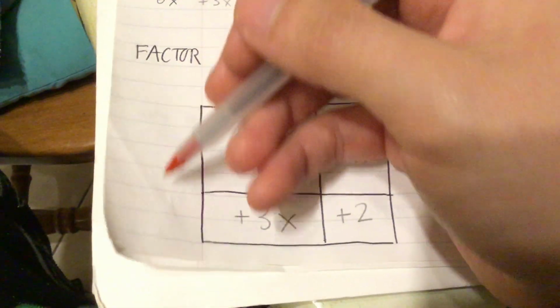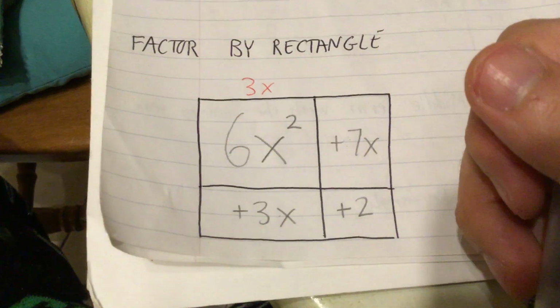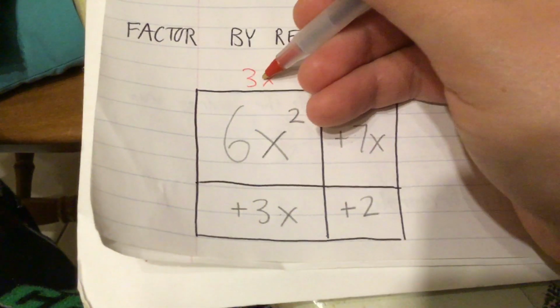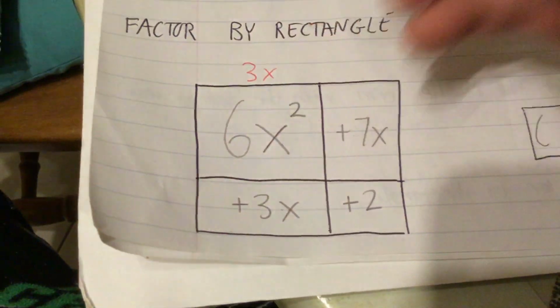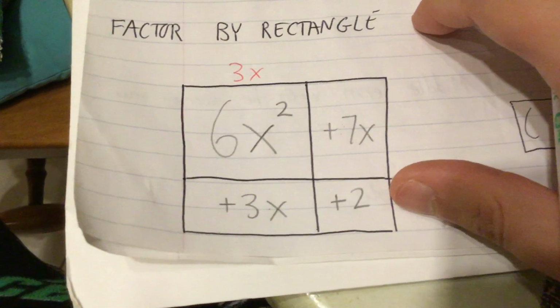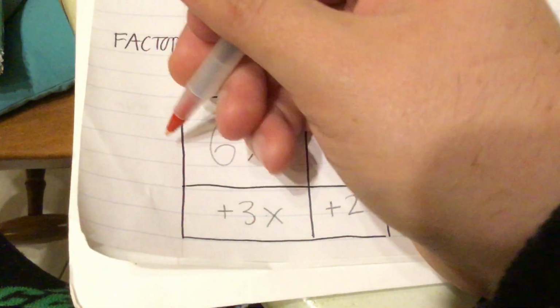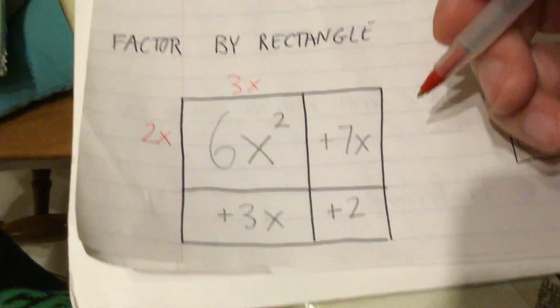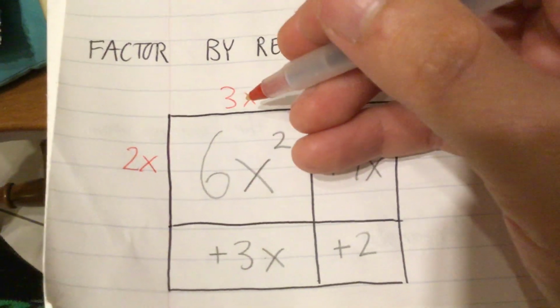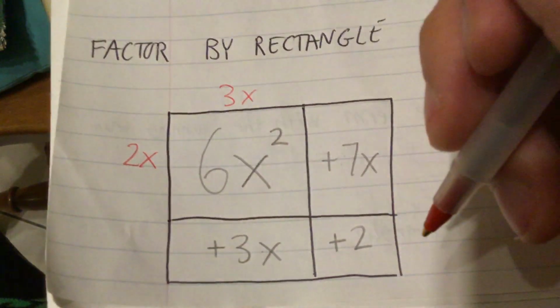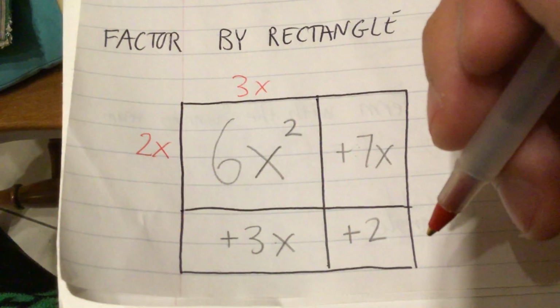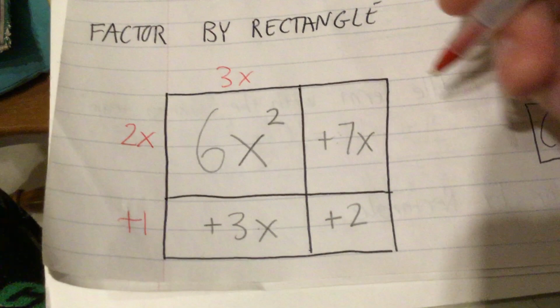Now the other three pieces are going to fall like dominoes. 3x times what is 6x squared? 2x. 3x times what is positive 3x? Well, 3 times 1 is 3, so 3x times positive 1 is 3x.